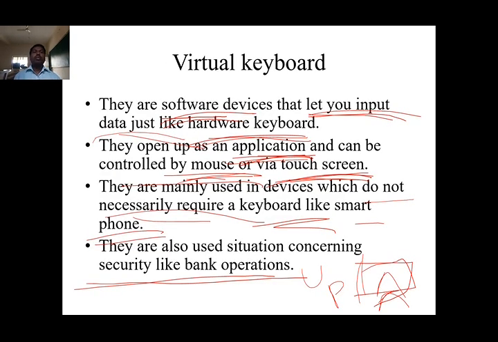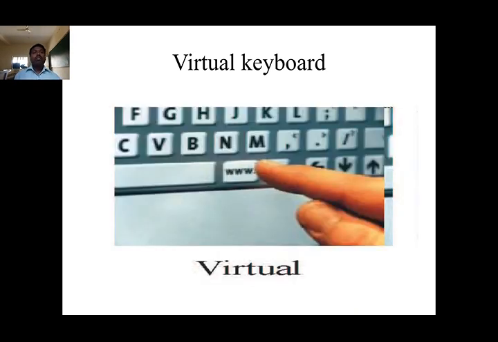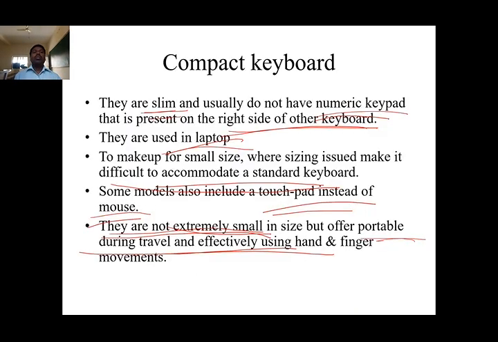Next, virtual keyboard. See, they are software devices that let you input data like a hardware keyboard, and they open up as an application and can be controlled by mouse or touch screen. They are mainly used in devices which do not necessarily require a keyboard, like smartphones. Understand? So this is the example of a virtual keyboard. Next, compact keyboard.